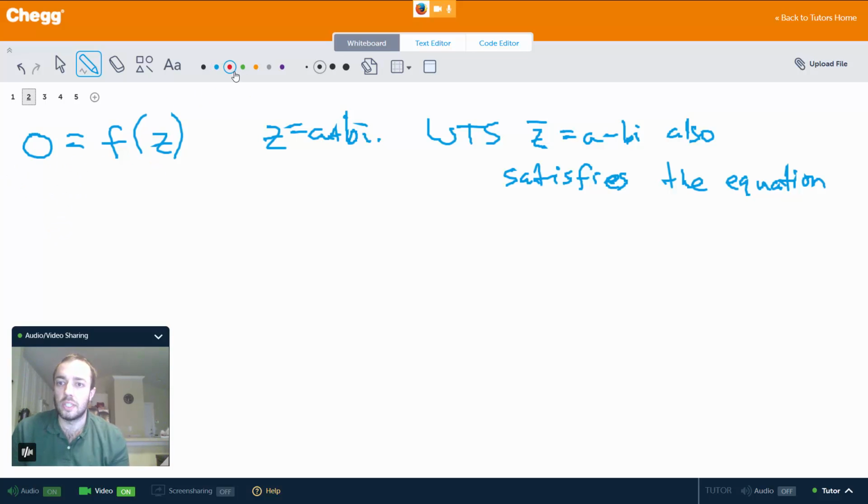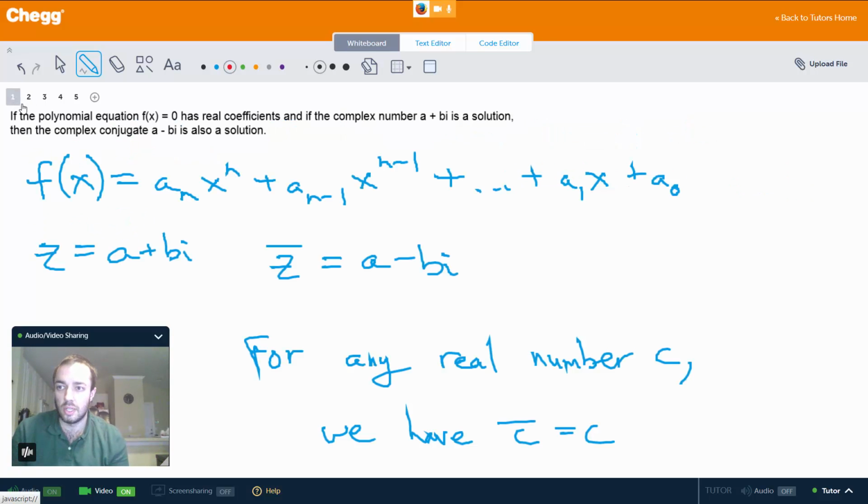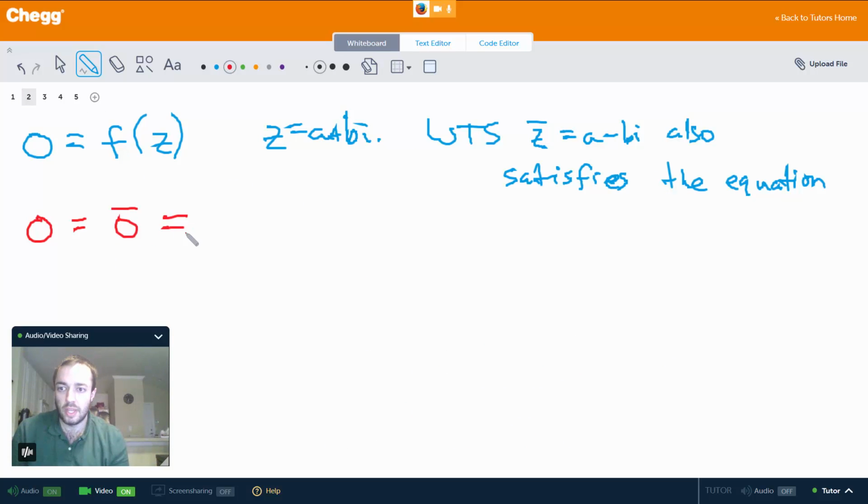Okay, so let's go ahead and consider then 0 equals 0 bar, right? Because remember, for any real number c, we have c bar is the same thing as c. So 0 is the same thing as 0 bar. Well, if 0 is f of z, then 0 bar is f of z, whole thing bar like that, right?